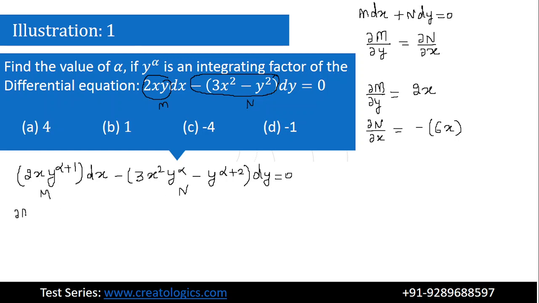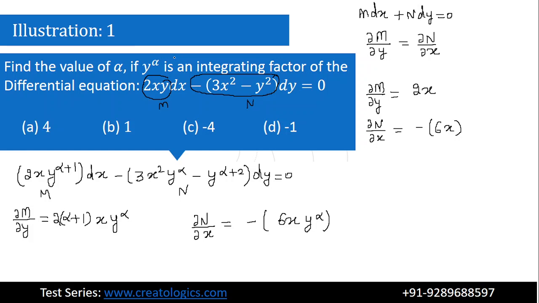Let's partially differentiate them, and we have partial derivative of M with respect to y, which is nothing but differentiate this with respect to y, we get alpha plus 1 times 2x y raised to the power alpha, and partial derivative of N with respect to x, which is minus of 6x y raised to the power alpha.